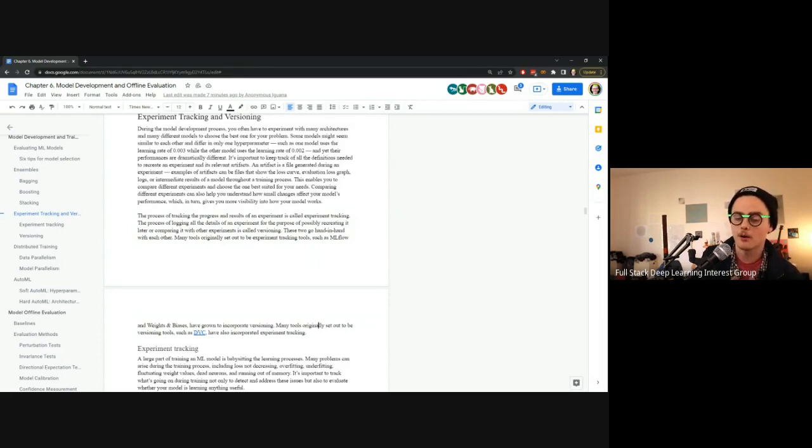You want to know all that information, and you usually want it to go along with versioning, which is keeping track of the relevant artifacts for that experiment, where artifacts mean files that are hard to version with something like Git. So things like model files or splits of your data set. So you want to keep track of both of those things.